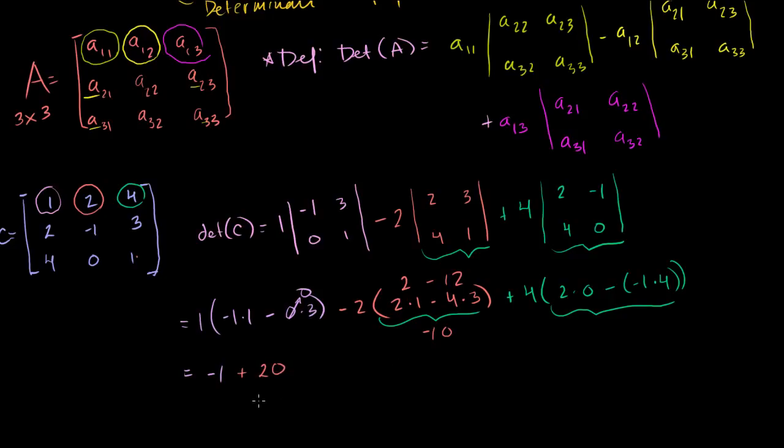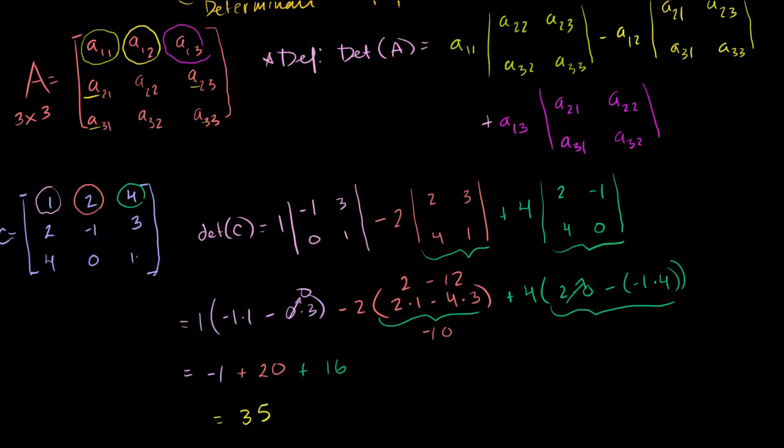And then finally in the green, we have 2 times 0, that's just a 0, and then you have -1 times 4, which is -4. But then you have a minus sign here, so it's plus 4, and then 4 times 4 is 16. So plus 16. And what do we get when we add this up? We get 20 plus 16 minus 1. It is equal to 35.